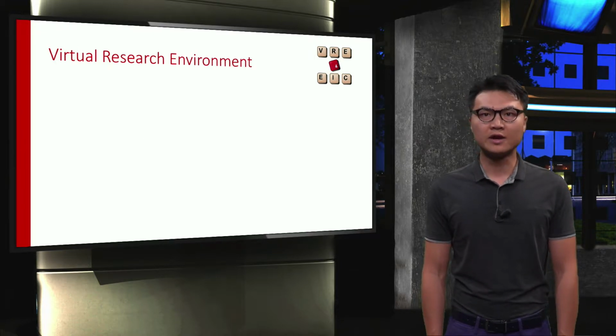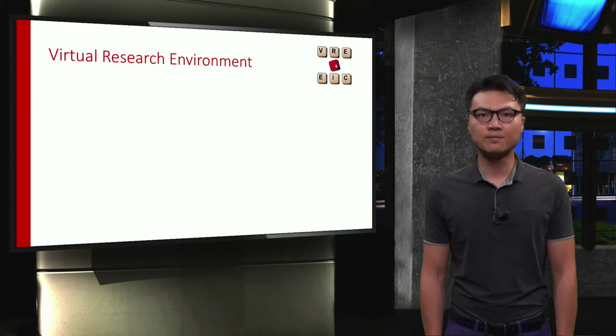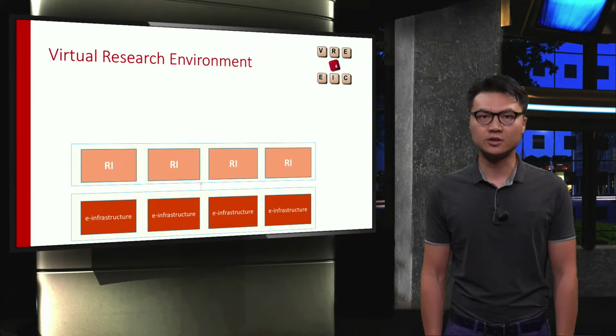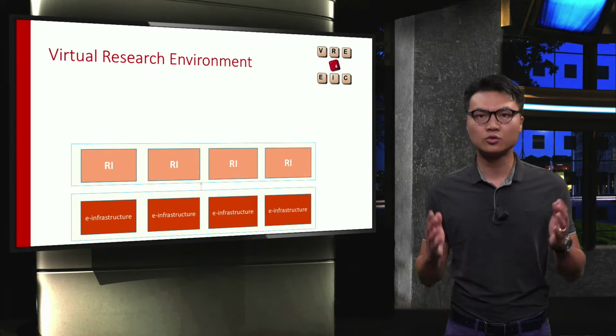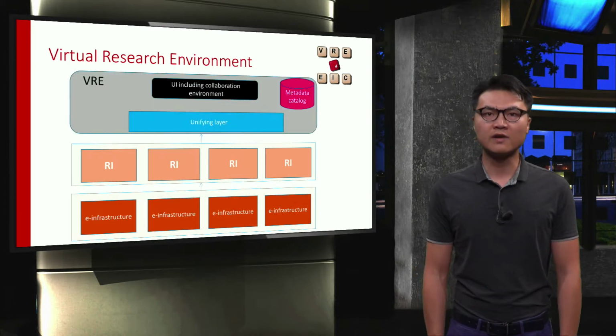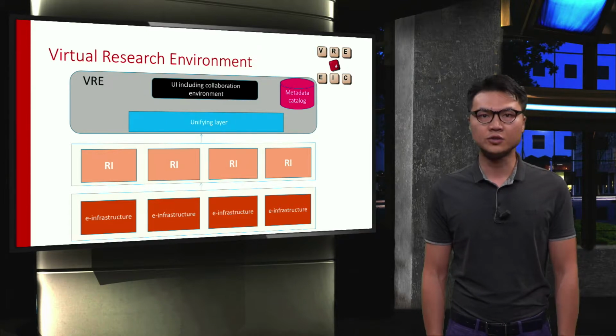According to Zoldwijk and Jeffrey, VREs consist of three major components or layers. E-infrastructures provide information and communication technology facilities. E-research infrastructures provide datasets, software, and computing resources. The VRE provides online environments for its users to cooperatively work together and to conduct various research activities.